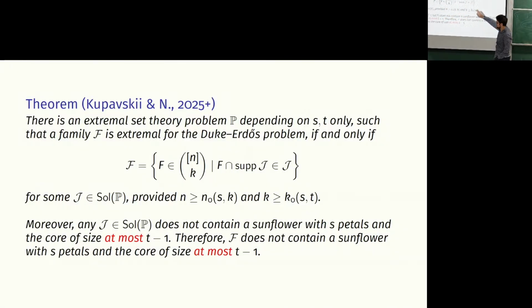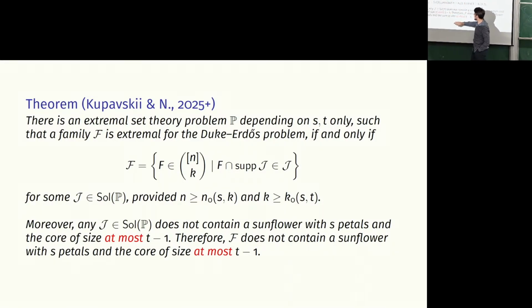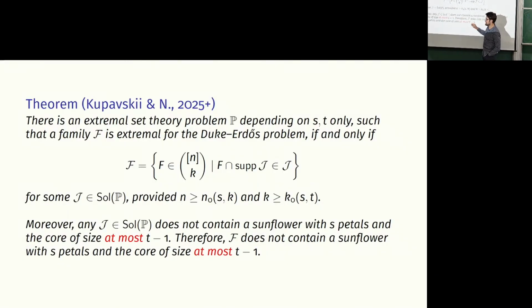This problem is different from the Erdős-Rado sunflower problem, but it has some nice properties, namely the extremal family F doesn't contain a sunflower with the core of size at most T minus 1.